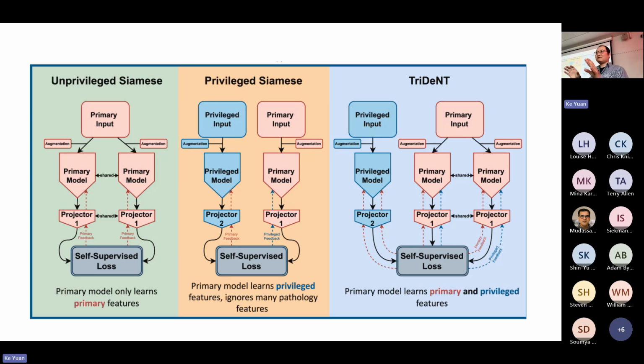If you have any features that exist more strongly in one modality than another, contrastive learning basically fails to capture that.